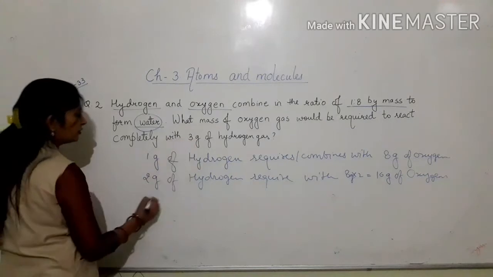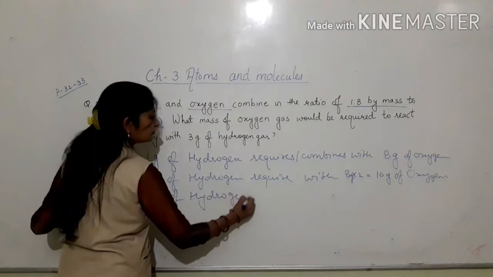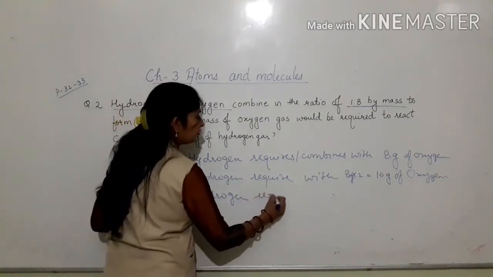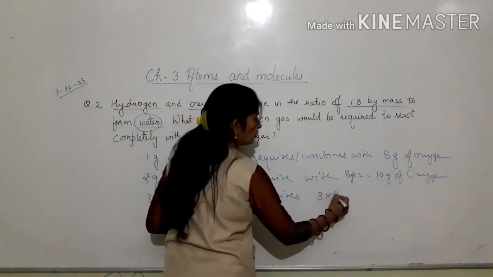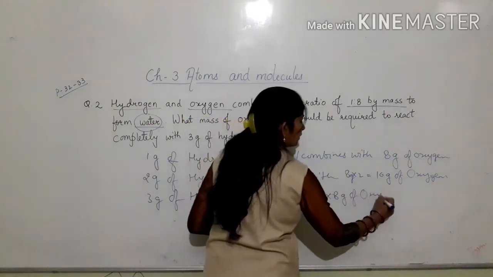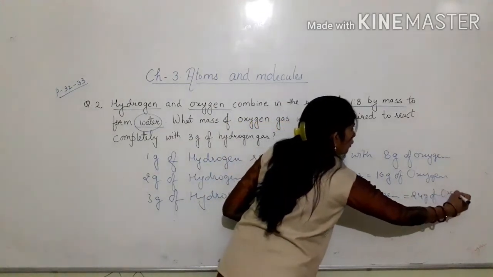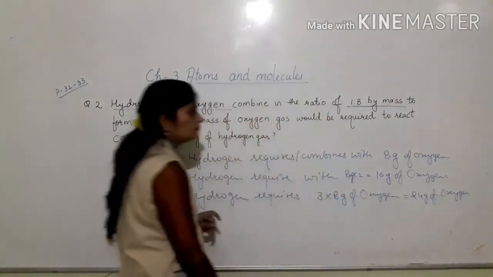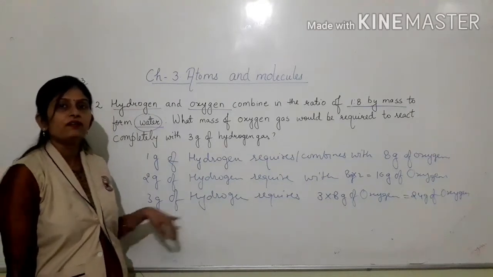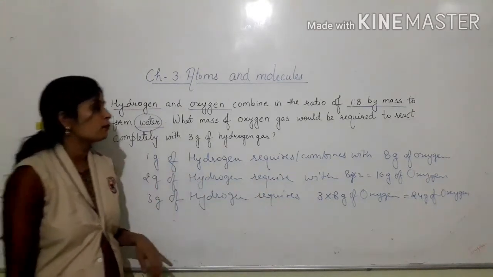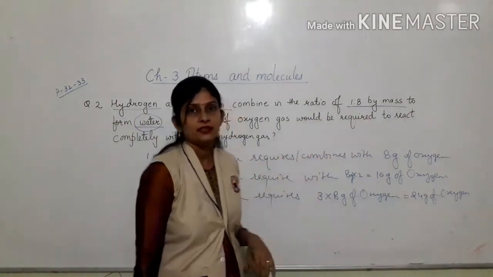Similarly, if 3 gram of hydrogen is there, then it requires 3 into 8 gram of oxygen, that is 24 gram of oxygen. So 3:24, just simplify it, you will get 1:8, means the same proportion of hydrogen and oxygen by mass.